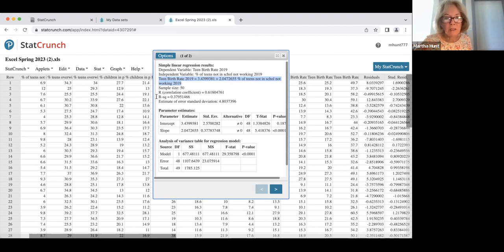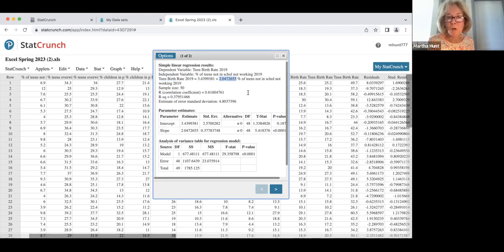Then they want R squared. There it is. Copy, paste it. This is what you're supposed to interpret. This is the slope. The slope measures what?